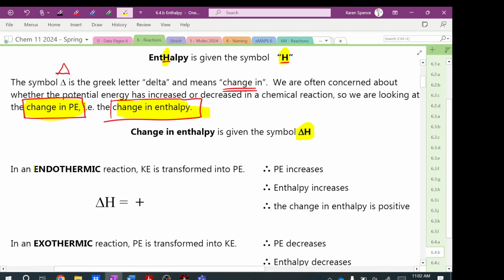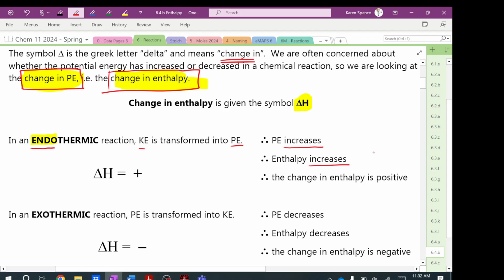So in an endothermic reaction, we have kinetic energy transformed into potential energy. So therefore, the potential energy increases. And since we're essentially saying potential energy and enthalpy are the same, the enthalpy increases.